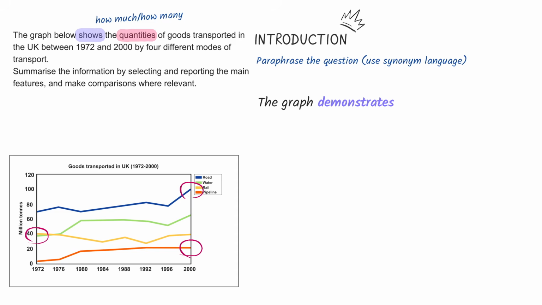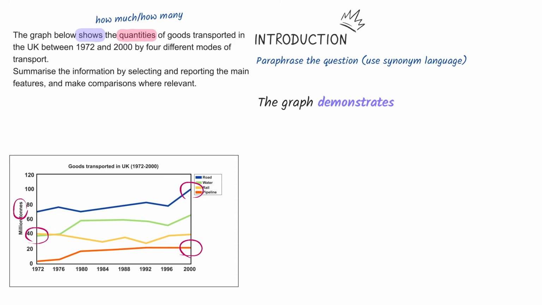All right, so I'm going to use how many here because I'm going to focus on the actual unit of measurement, right? The actual unit of measurement may not appear in the question, but it appears in the vertical axis, as you can see, and it's tons, right? So our actual unit of measurement is tons.